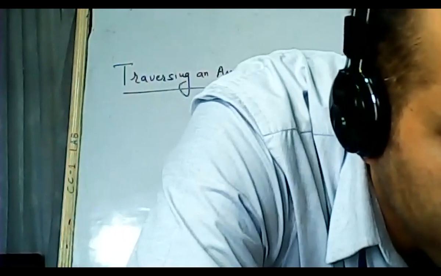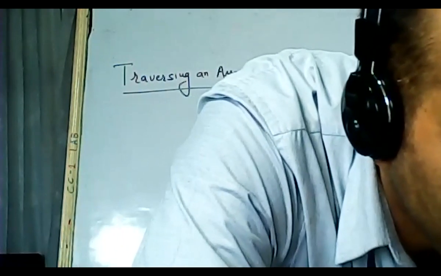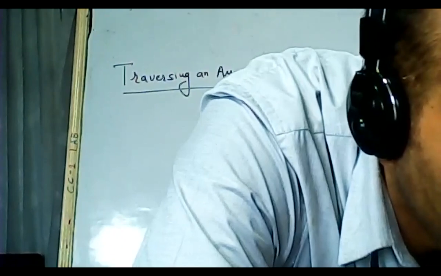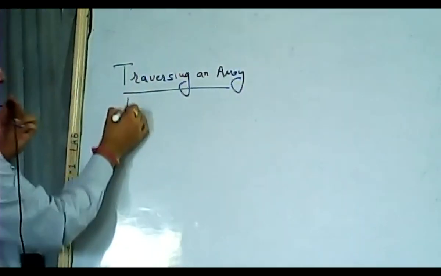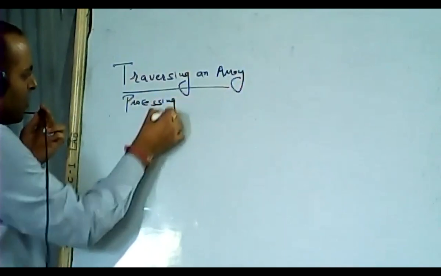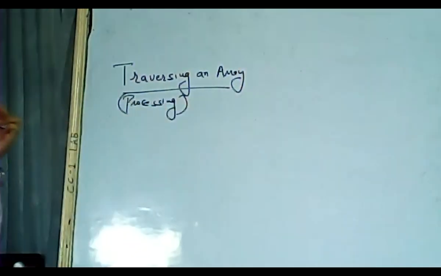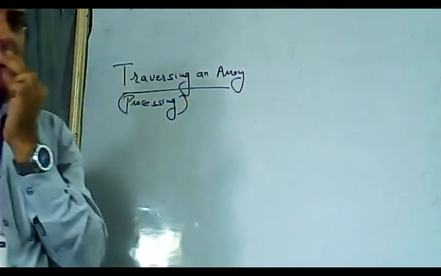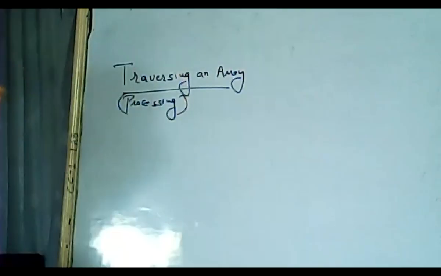Exactly. Traversing means processing each element of that data structure.